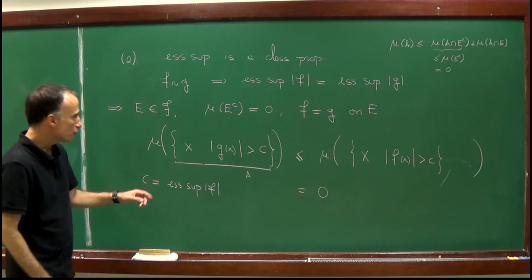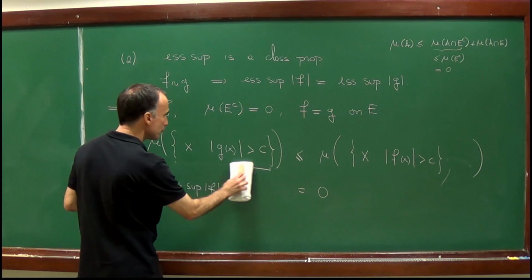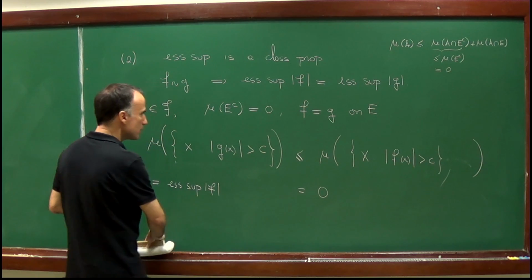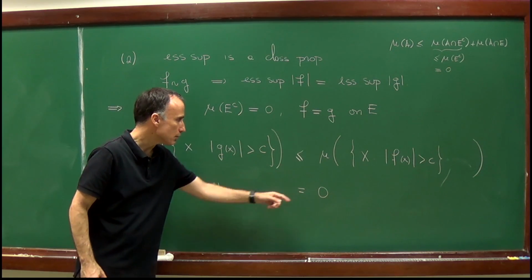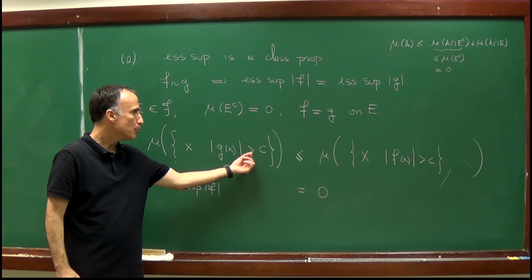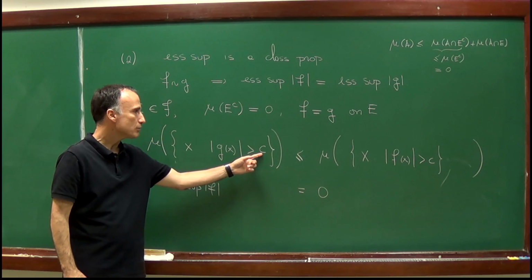So we proved that the measure of all points x such that g of x is larger than c is equal to 0, which means that the infimum over all a is less or equal than c.